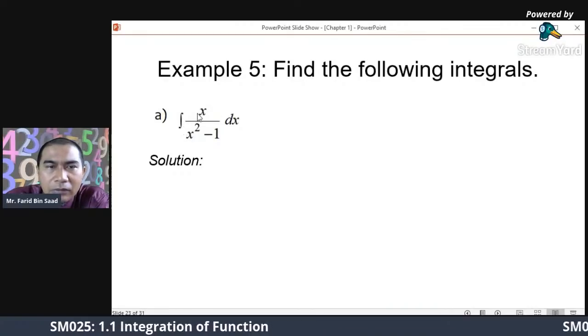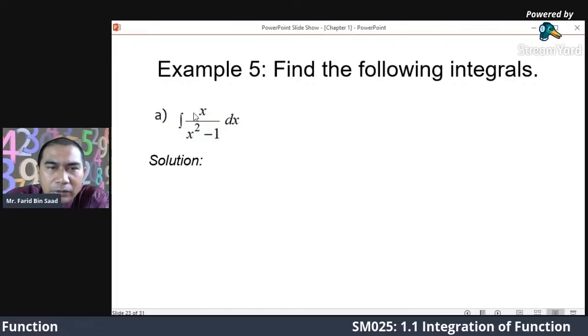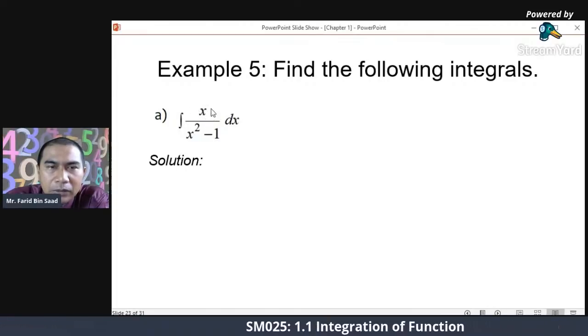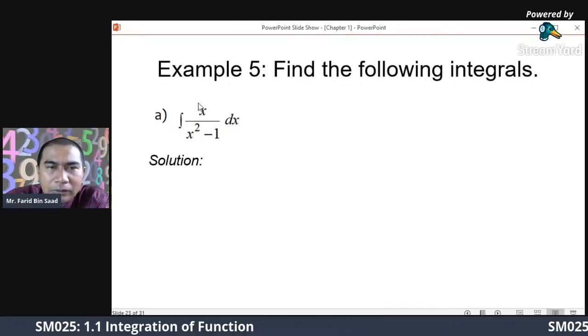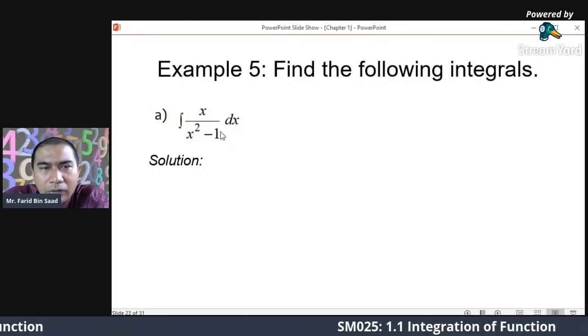Because the question is x over x squared minus 1. If we put 2 here, because we want to make it an f prime x, we already changed the question.